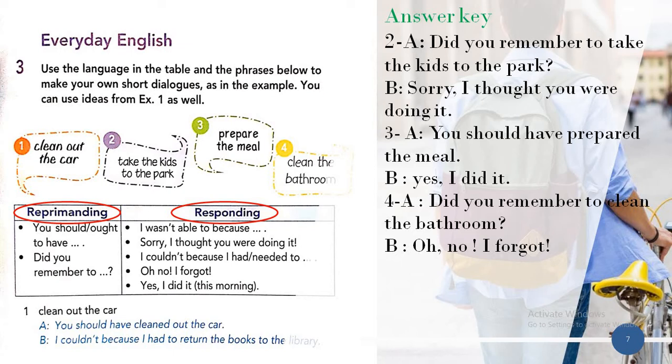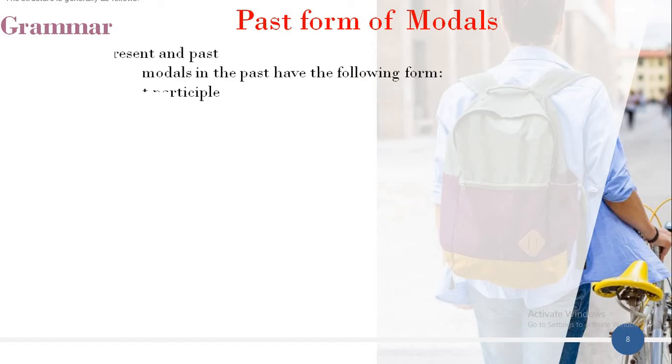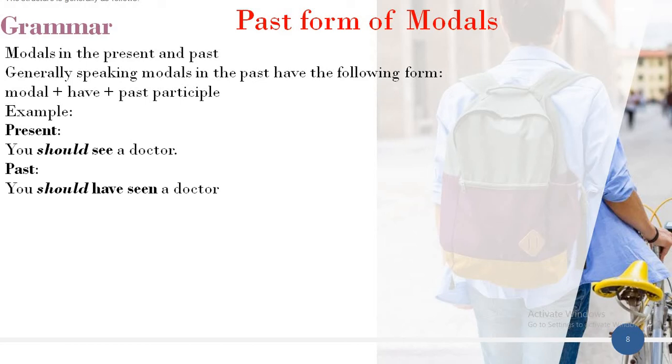Good, and now let's move to your grammatical lesson for the day. So we have past form of modals. What is the past form of modals? Modals in the present and in the past. Generally speaking, modals in the past have the following form.